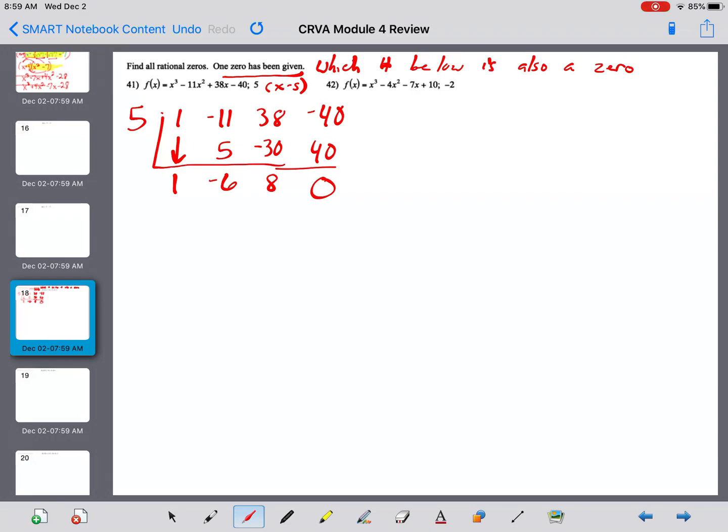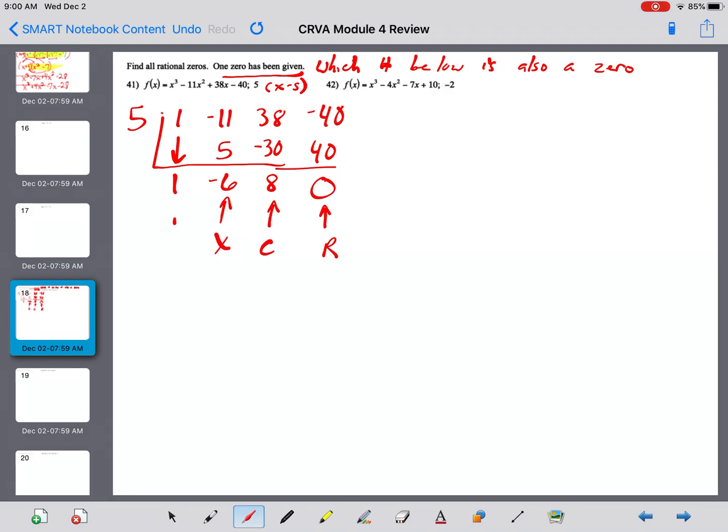Because they're telling you that when you put 5 into this function, when x is 5, you get a 0 out. So that's not a surprise. In fact, if it's not, again, you made a goof somewhere.